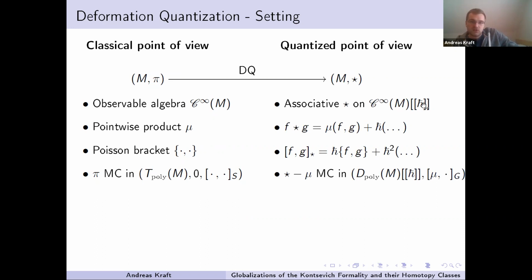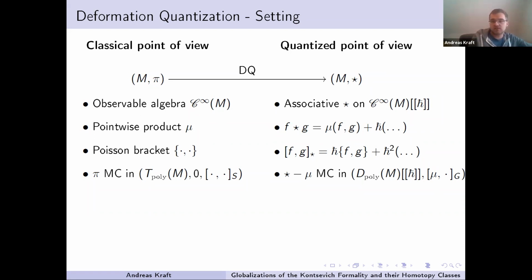And it should deform the classical structures. So the star product is in lowest order of h bar just the pointwise product plus some higher order deformations. And the commutator of the star product vanishes in zeroth order because the pointwise product is commutative, and in first order of h bar, it should be just the Poisson bracket, and then again, plus some higher order deformations.